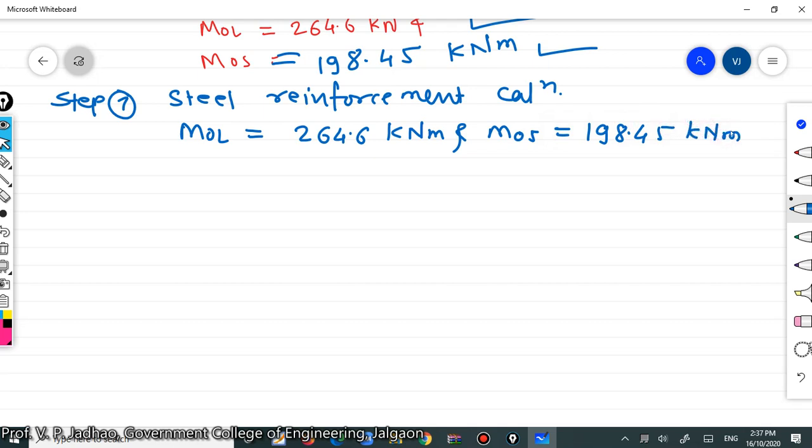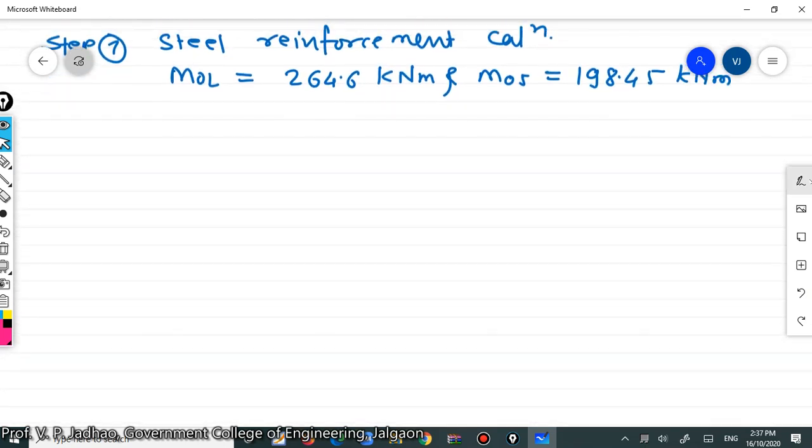To calculate the bending moment distribution, we will first calculate this distribution only.